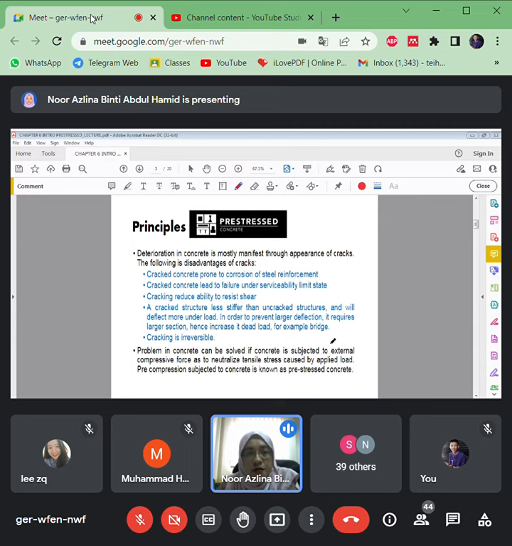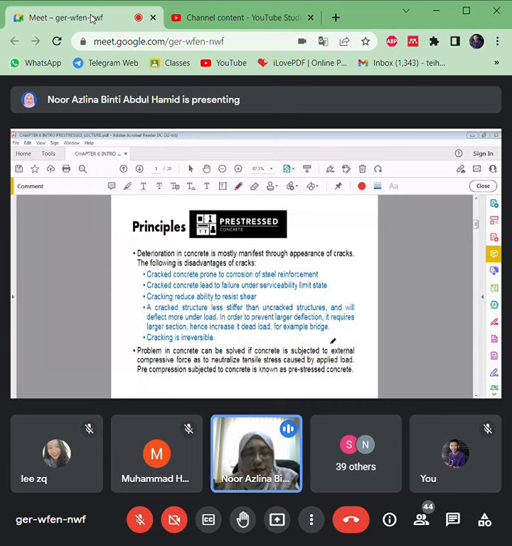So the problem of cracks is first about appearance, right? We don't want to have cracks. It gives a negative aesthetic value to the structure.